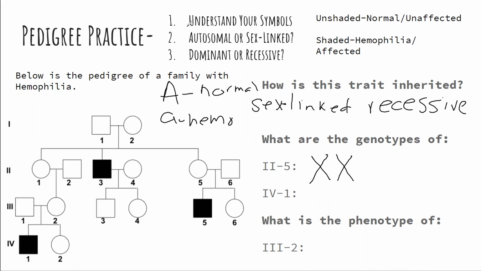Okay, so let's look at the genotype for generation 2, individual 5. So she's a female, she's XX, but she has traits on these sex chromosomes.